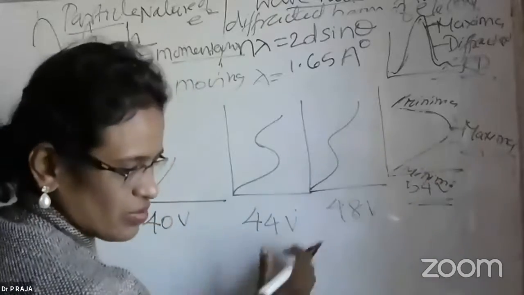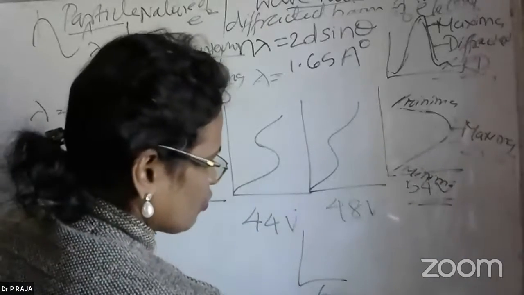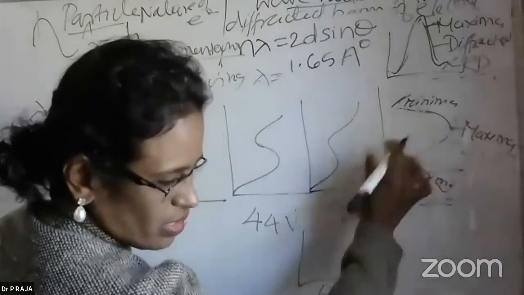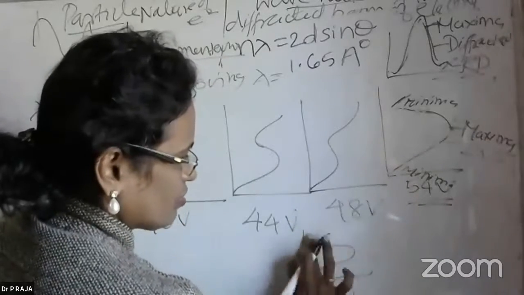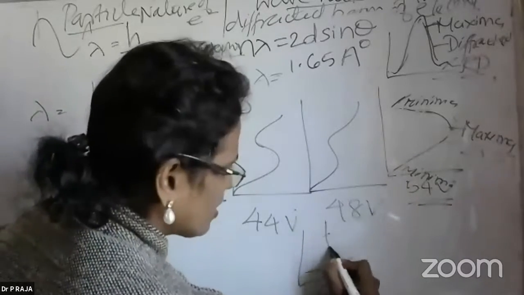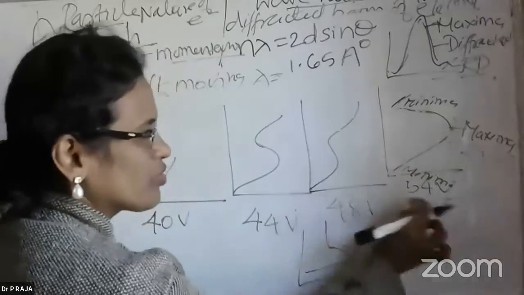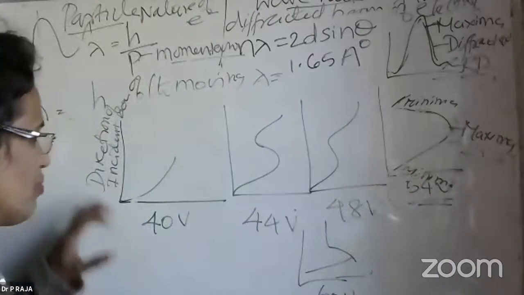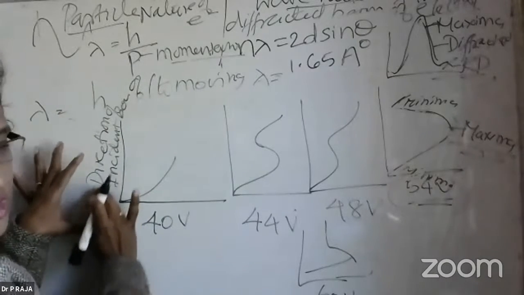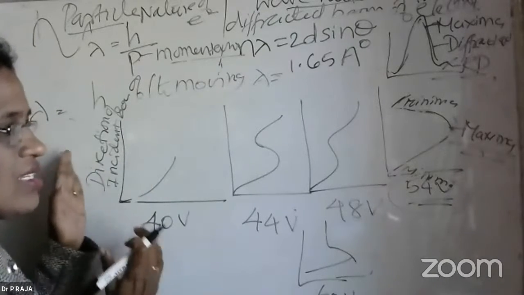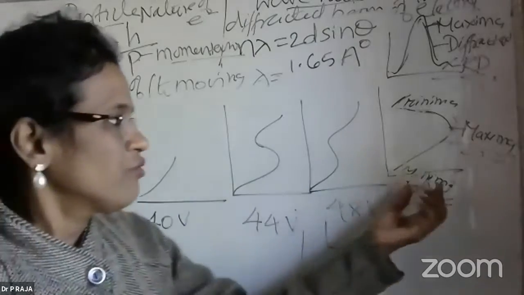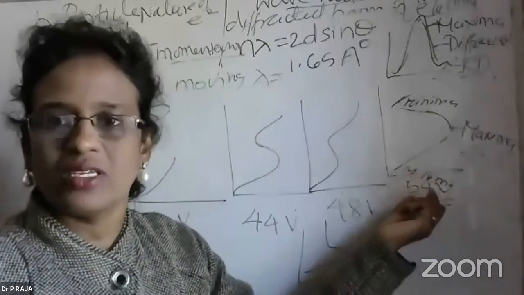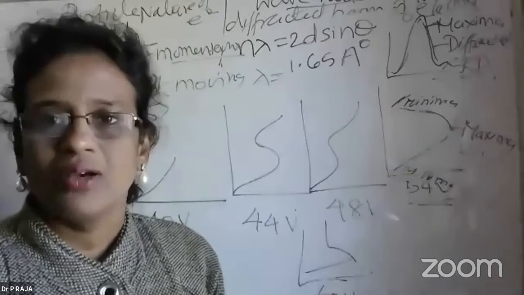When they tried with a higher voltage, 60 volt, this pattern was not coming like this, but it was changing. So they found out that 54 volt was an ideal potential difference. Do you remember in the figure, the rheostat was adjusted suitably and the potential difference of 54 was maintained in order to get a proper wave pattern.